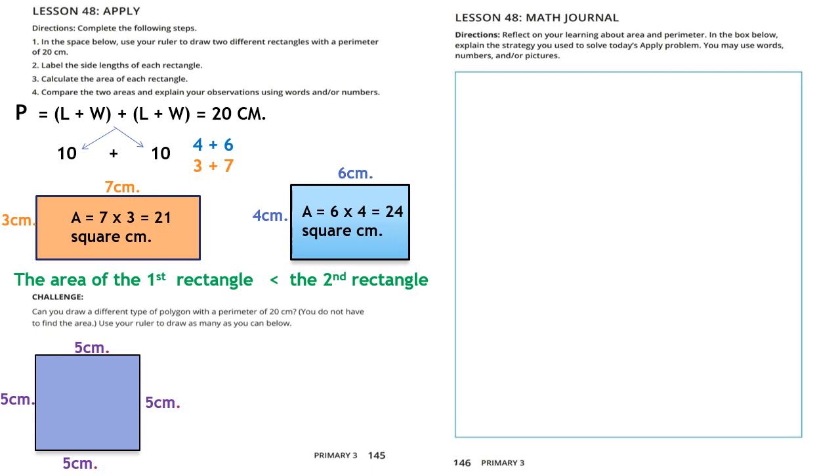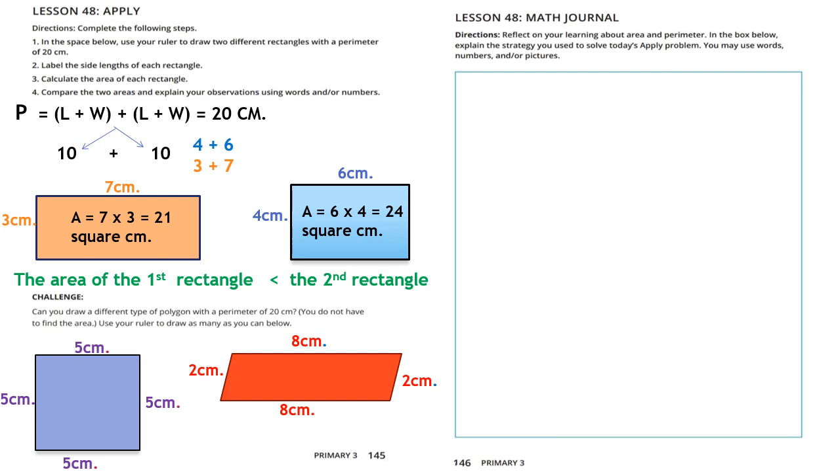If we want to draw a different polygon like a parallelogram, we can draw it like this. Also 2 plus 8 plus 2 plus 8. It can be like the first problem.